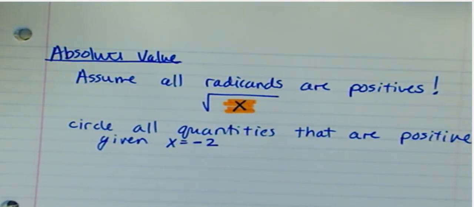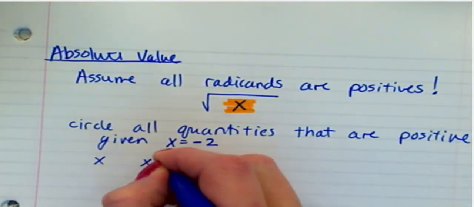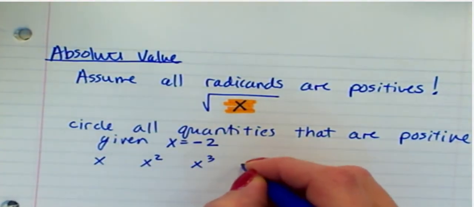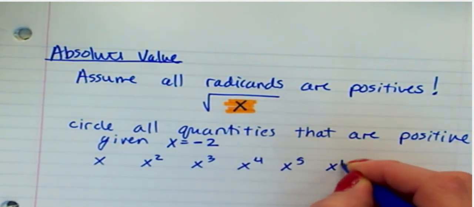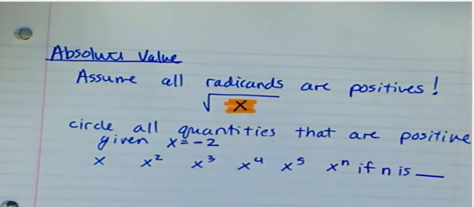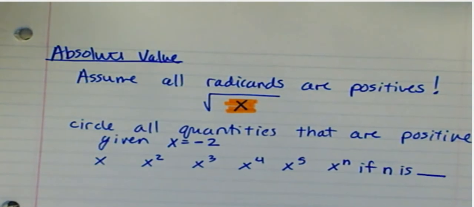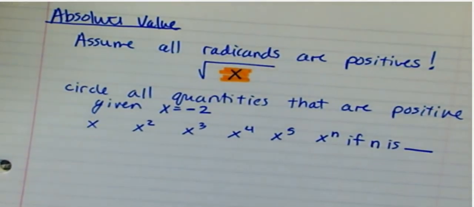Okay? Circle all quantities that are positive if x equals -2.